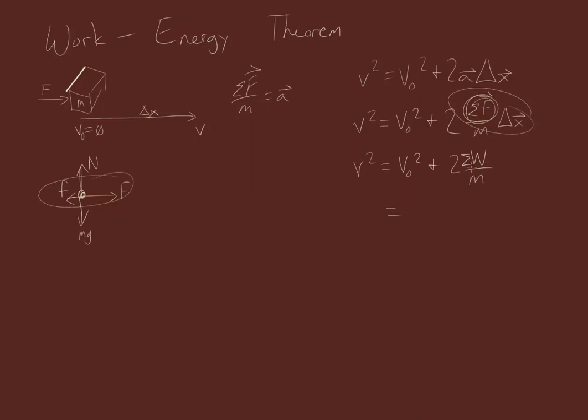So back to this, we're looking at the net work. Let's say I don't like fractions, so I'm going to multiply everything by the mass. And I want to get the net work by itself, so I'll move this term over here by subtracting it from both sides.